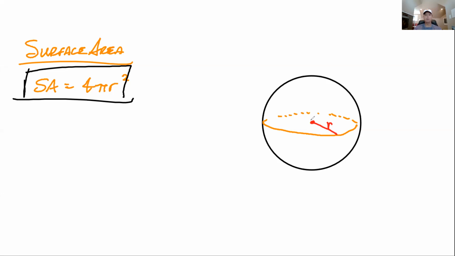Let me go back and remind you that the men's ball has a radius of 4.7 inches and the women's ball has a radius of 4.5 inches. Again, I'm interested now in how much material it takes to make this.